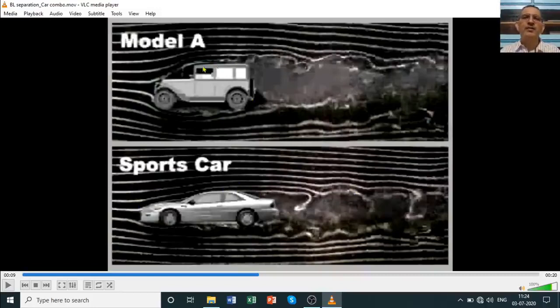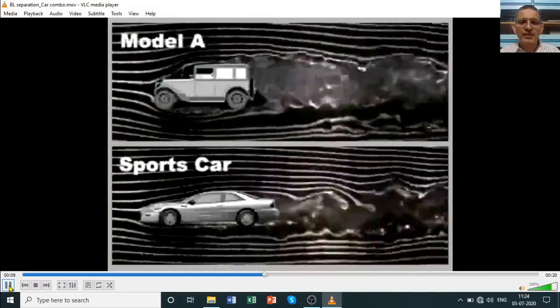Now you see there is a jeep here and there is a sports car here, and now you see how the fluid streamlines take a very dramatic behavior when we talk about jeep or when we talk about a sports car.